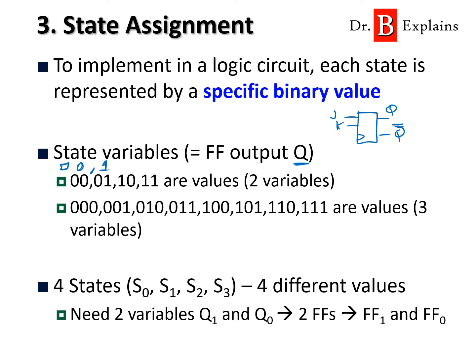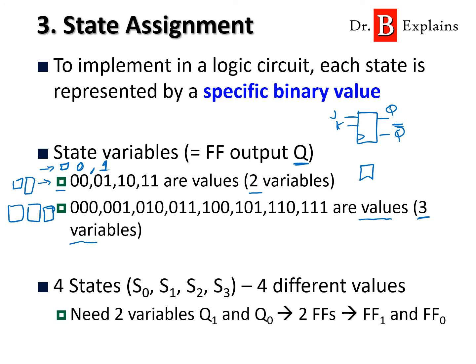In the case that we have two variables, we have all of these combinations. In the case that we have three variables, we can have all of these values, correct? So remember, with one binary number we only get these values; with two binary numbers we can get all these combinations. Actually, this is 3 and this is 2.